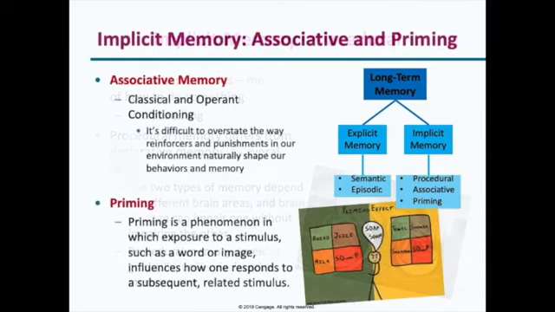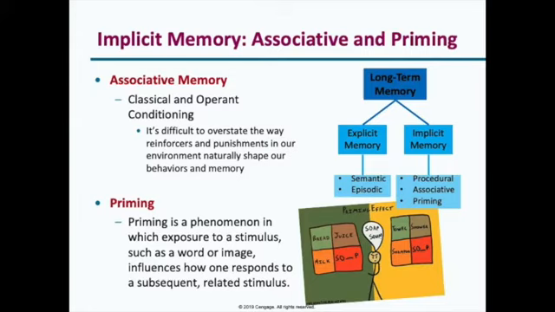Slide 31. We've already spent plenty of time on associative memory as it relates to classical and operant conditioning, so let's just conclude that the power of environmental reinforcers to shape our memory can't be overstated. That is, they're super powerful, and we have a blind spot to them. Blind spots also facilitate the phenomenon of priming, which is one stimulus influencing how someone responds to another stimulus.